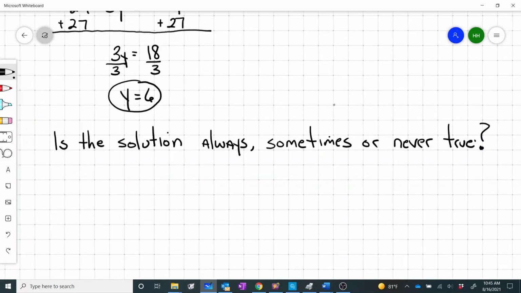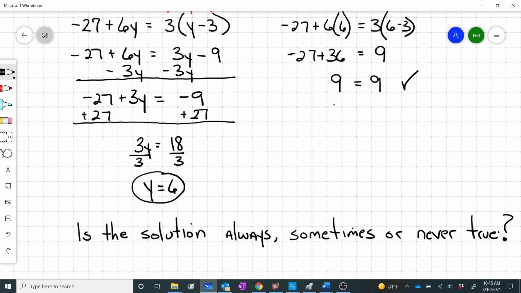Well, these last two examples that we did, if you solve an equation and you get an answer that y is equal to 6, and you check that answer and it works, both sides are equal to each other, then this solution is always true.